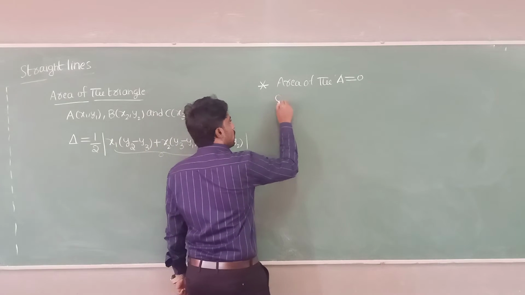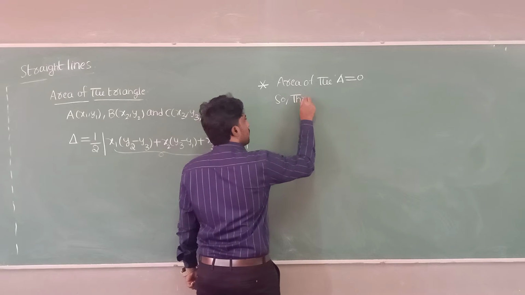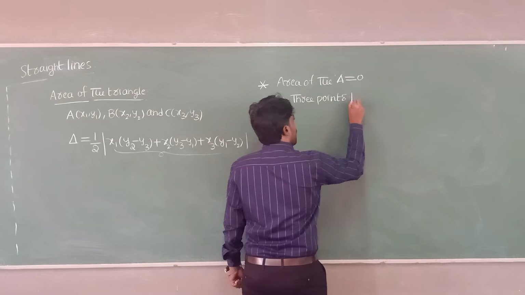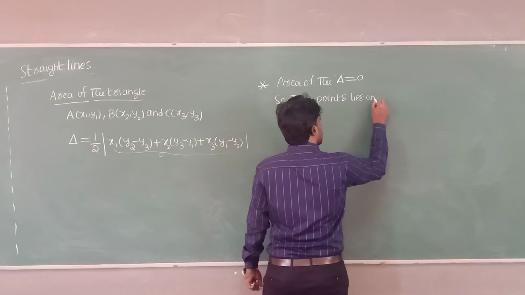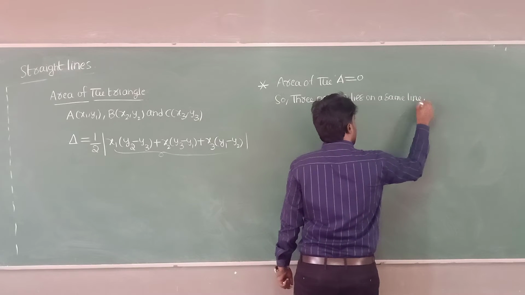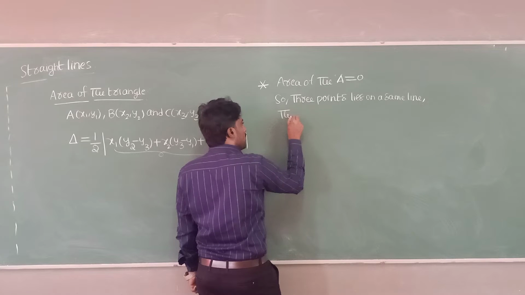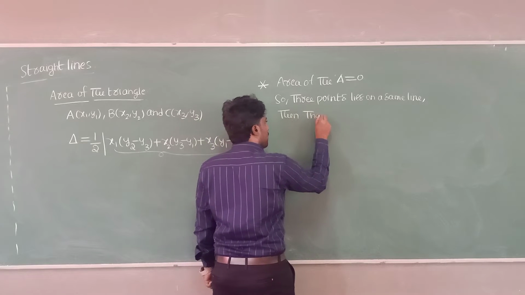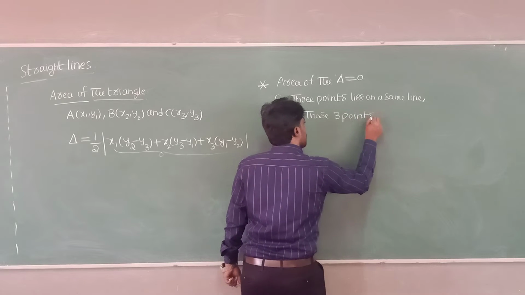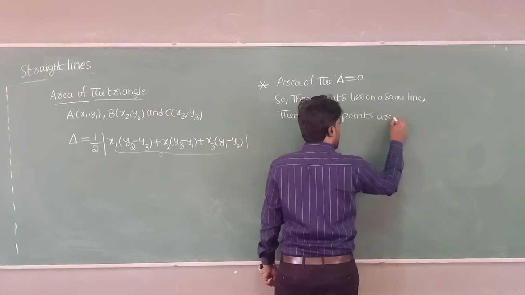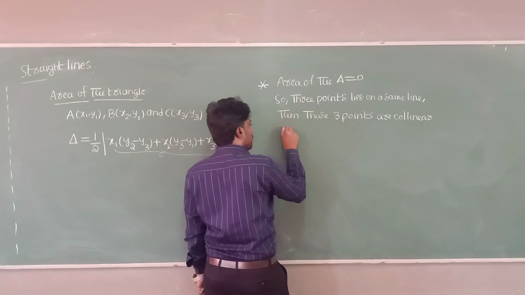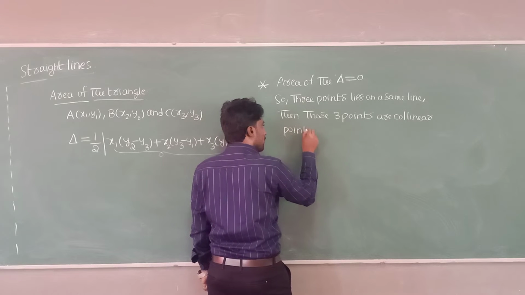You can write here: 3 points lie on a same line, then those 3 points are collinear points. The diagram I will show you here.